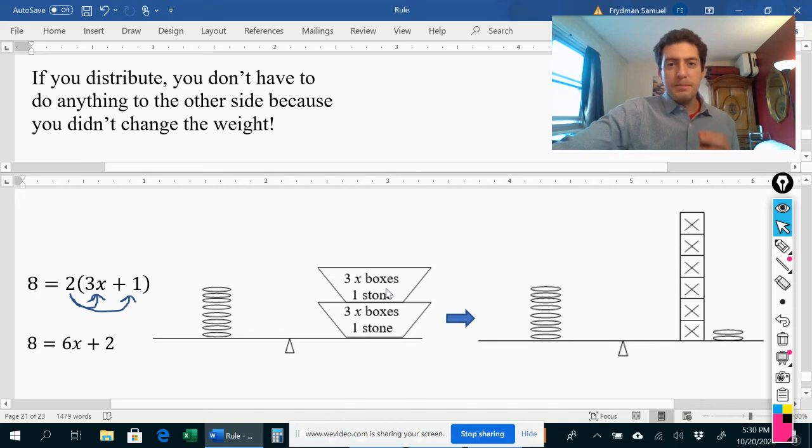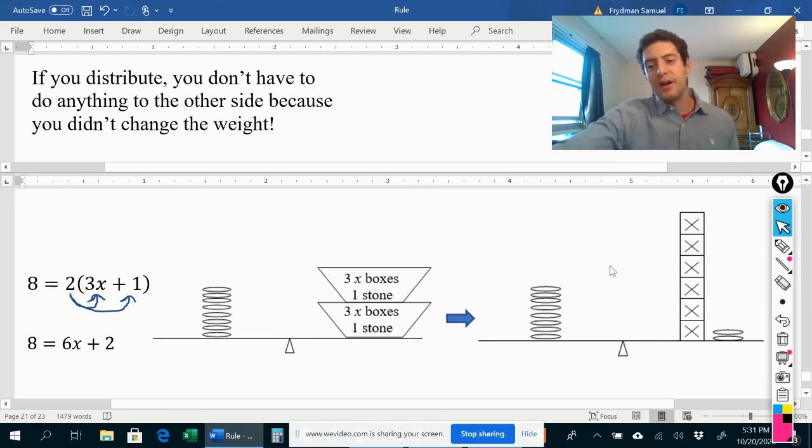Now, the important point here is that when we opened these packages and just laid everything out like this, we did not change the weight. That's the important point that I want to get across right now. Inside these packages, we had the weight of 6 X boxes and 2 stones all along. We just had them wrapped up in packages.